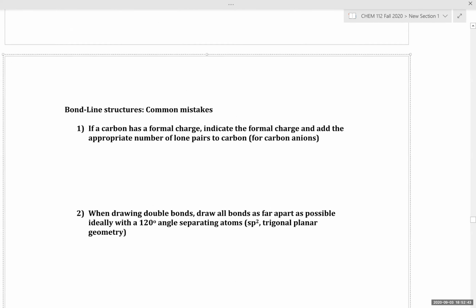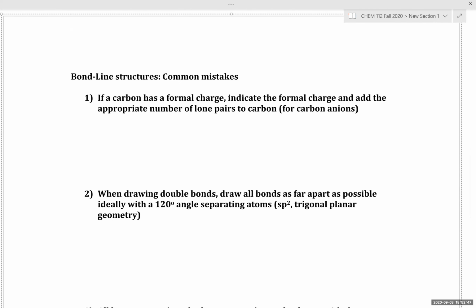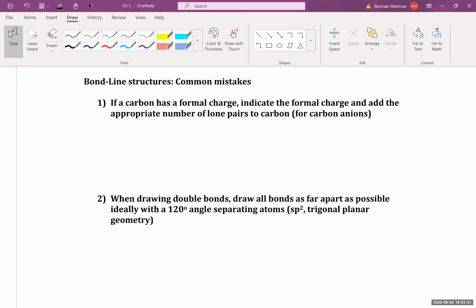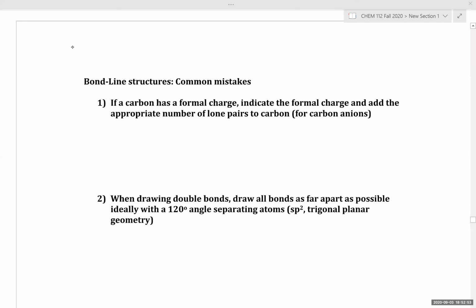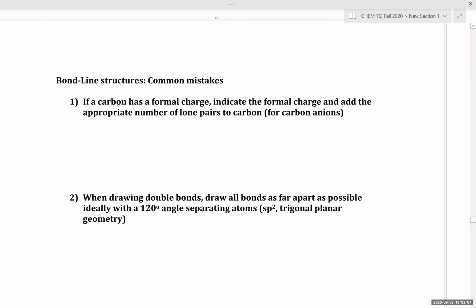So let's continue on and talk about some common mistakes in drawing bond line structures. First and foremost, one of the major mistakes is that if a carbon has a formal charge, make sure to indicate the formal charge and add the appropriate number of lone pairs.